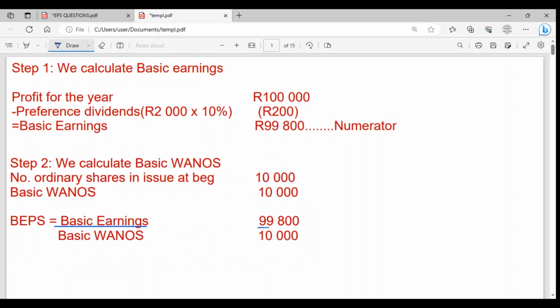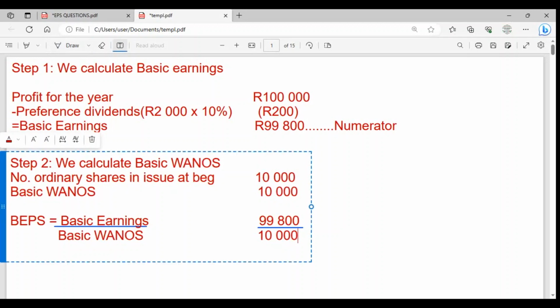You just punch this in your calculator: 99,800 divided by 10,000. I'm getting 9.98. So this is 9 rand 98 cents per share. So each share is earning 9 rand 98 cents from the profit attributable to ordinary shareholders.